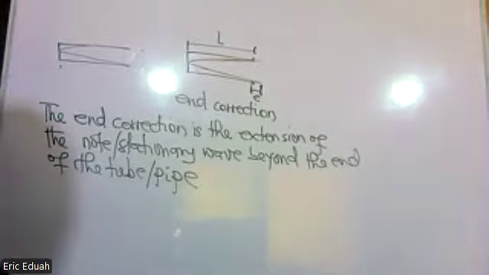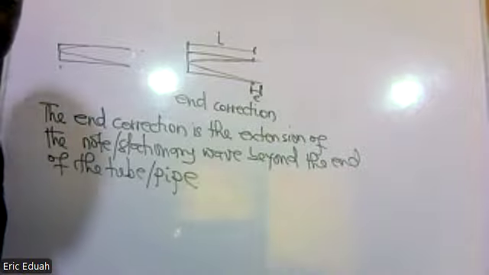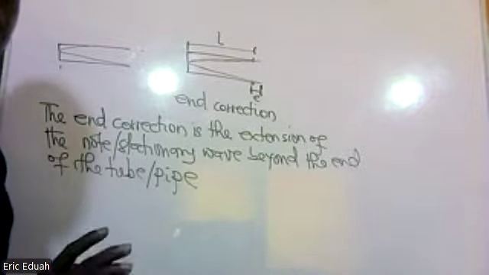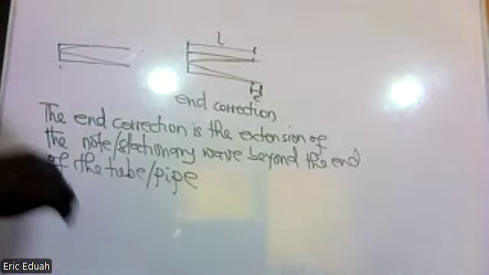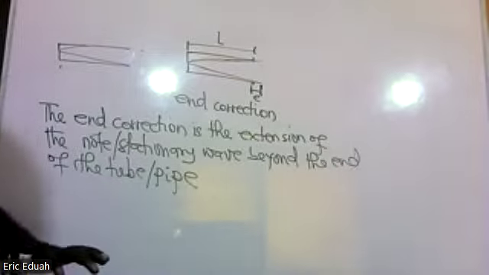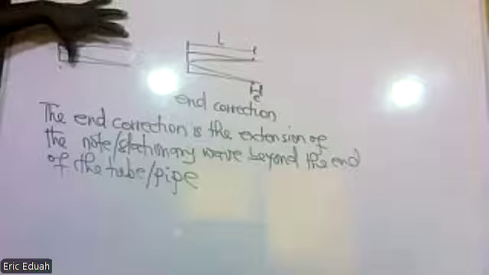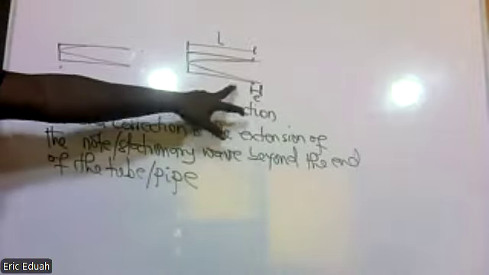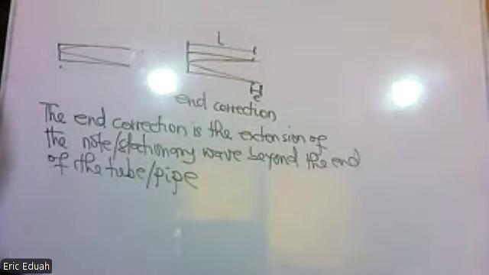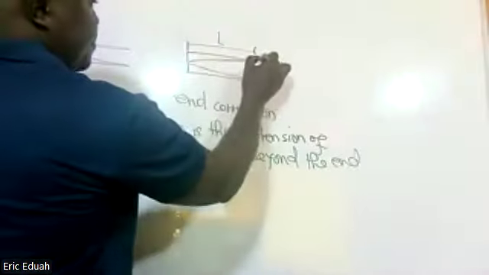There are times that it can be considered, and there are times that it can be overlooked. So if it is not considered, it will be drawn as this. If it is considered, it must be drawn as this.